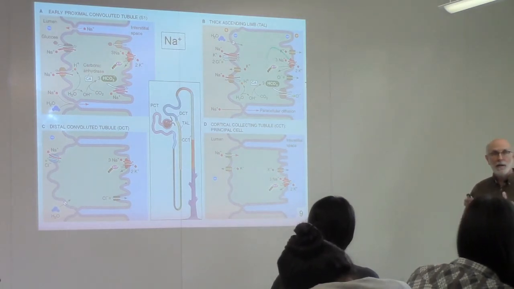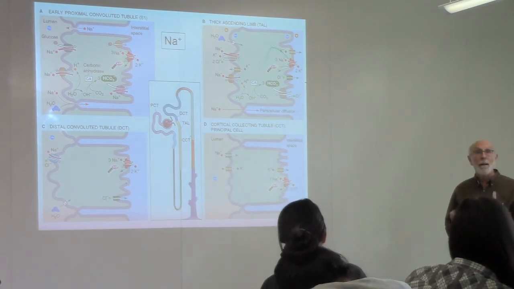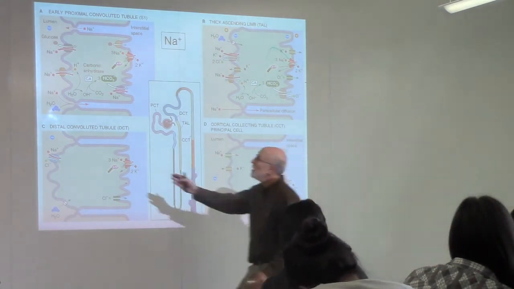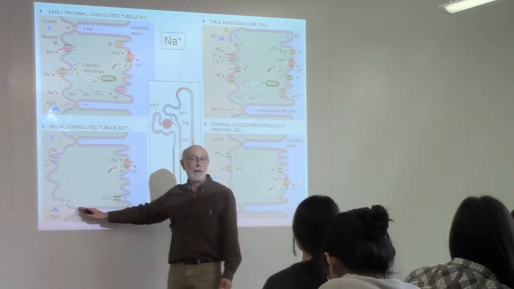Different parts of the nephron do different things, but they're all epithelial cells. And this is the apical membrane, and this is the basolateral membrane.